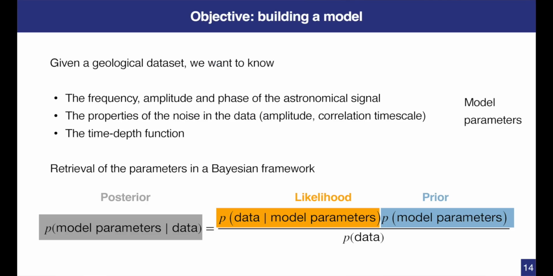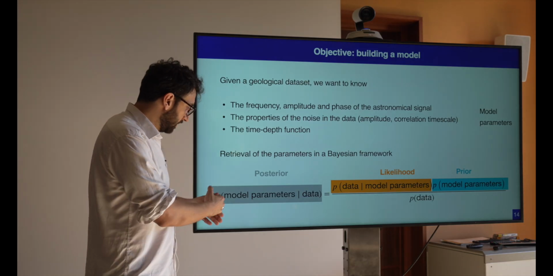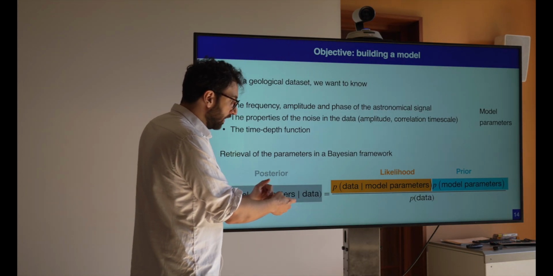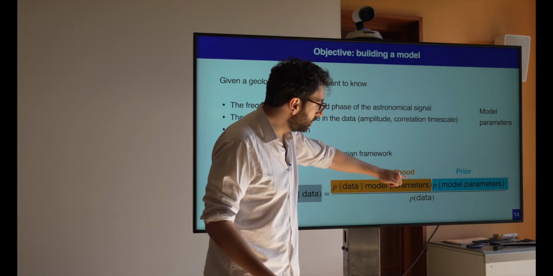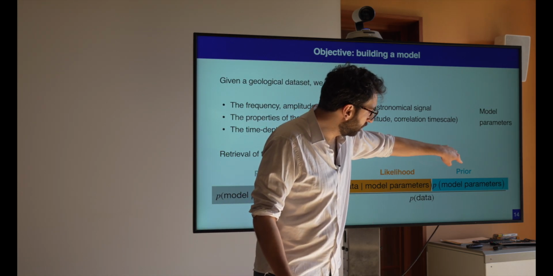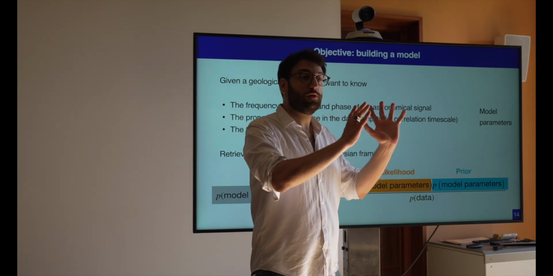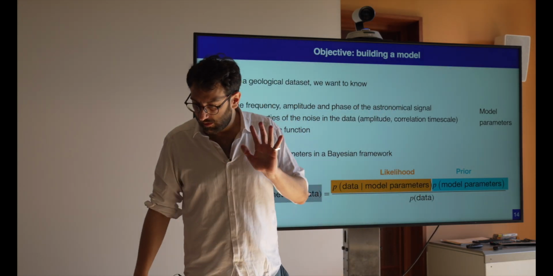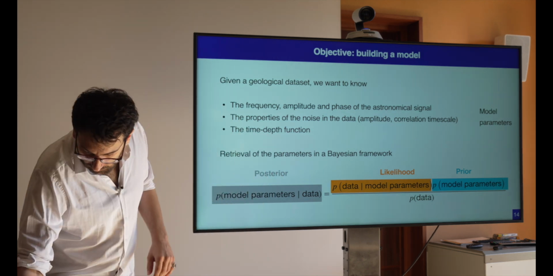And so the formula relating the two is called the Bayes formula, and it goes like this. It says that the probability of the model parameters knowing the data is equal to your likelihood times the probability of the model parameters prior to seeing the data, and divided by something that we'll talk about later on.